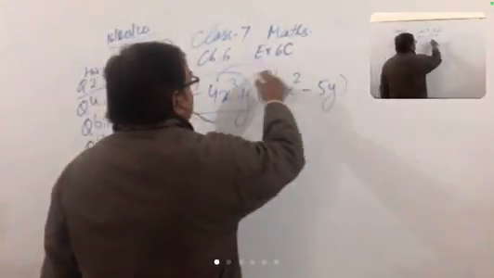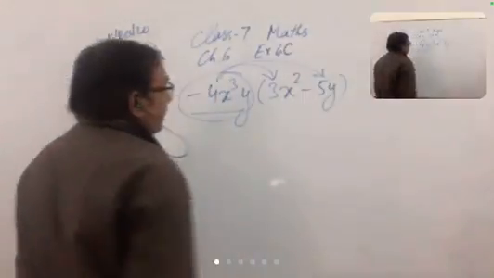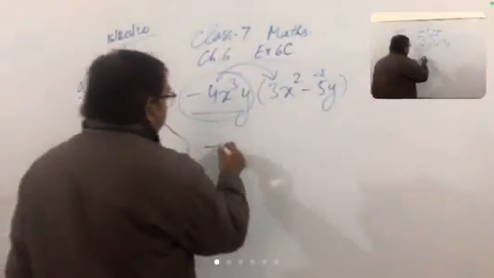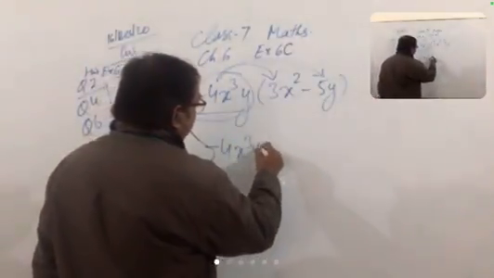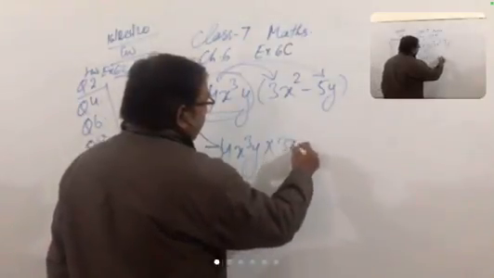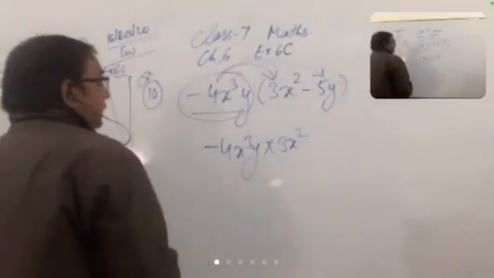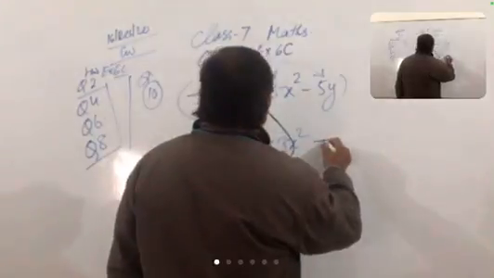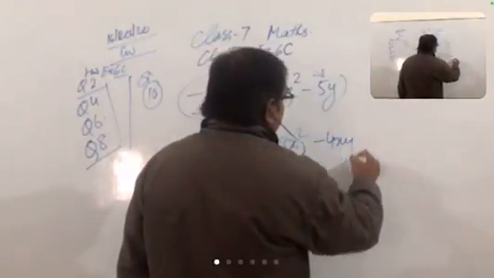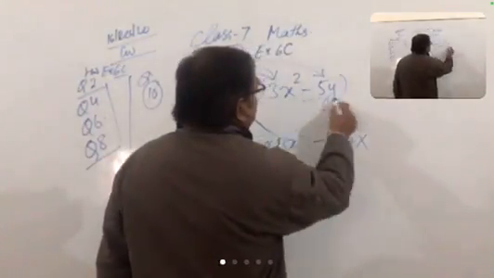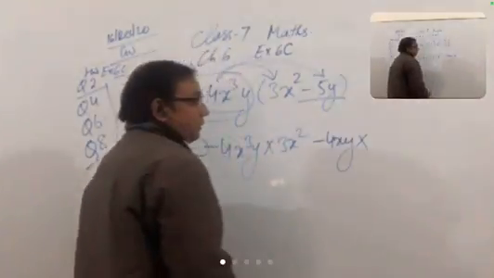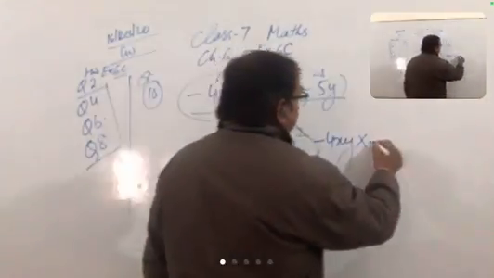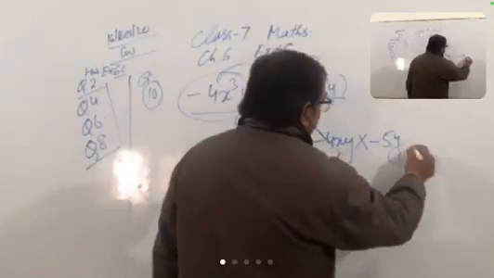So first multiply with first term and then second term. So it will be minus 4x cube y multiplied by 3x square, then minus 4x cube y multiplied by, now you see it is minus 5y. So multiply minus 5y.